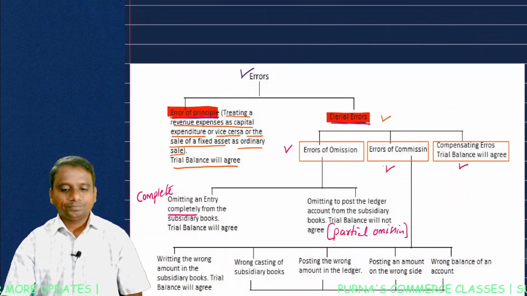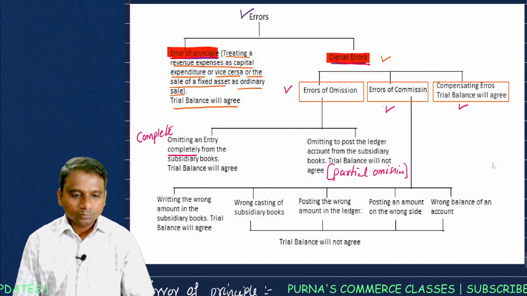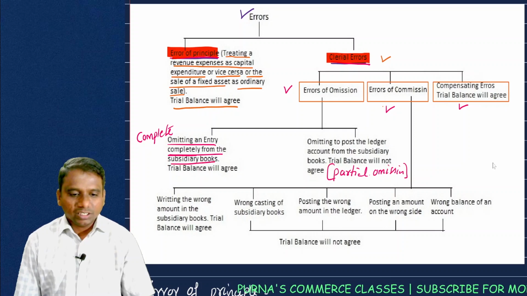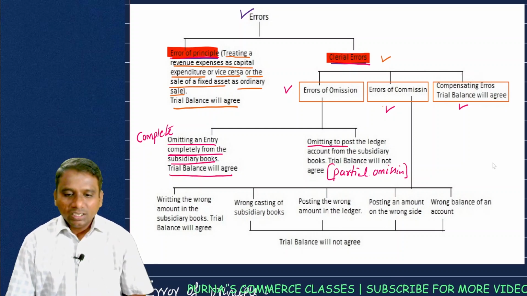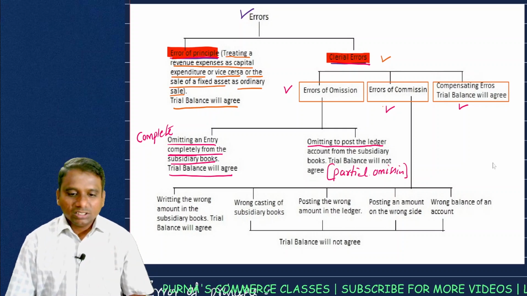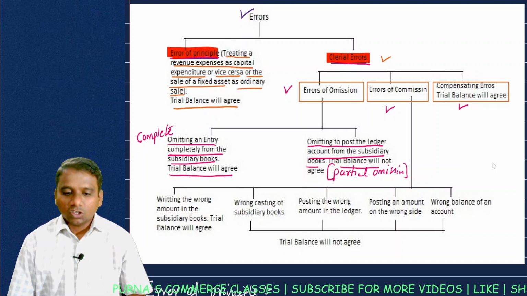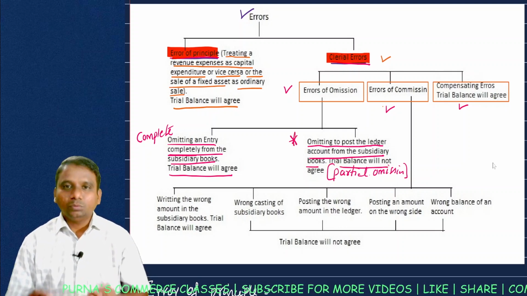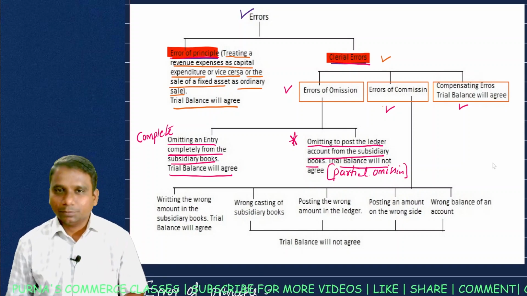Observe here. Omitting an entry completely from the subsidiary books, trial balance will agree. Next, omitting to post to the ledger account from the subsidiary books, trial balance will not agree. See, this partial omission is possible only in the case of a manual accounting system.